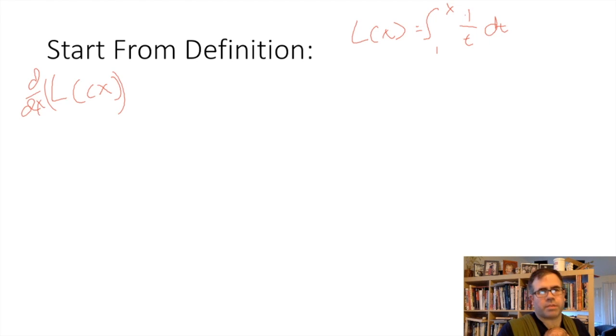So if you take the derivative of L of c times x, you get, of course, the derivative of capital L is 1 over, and then by the chain rule, you have to multiply by the derivative of c times x, so times c, which cancel out, and you get 1 over x, which is just the same as the derivative of L of x.